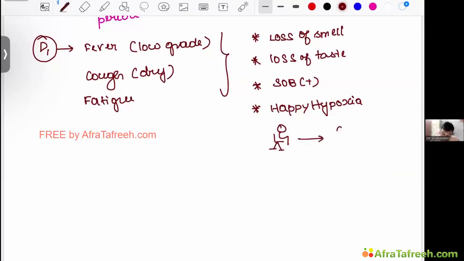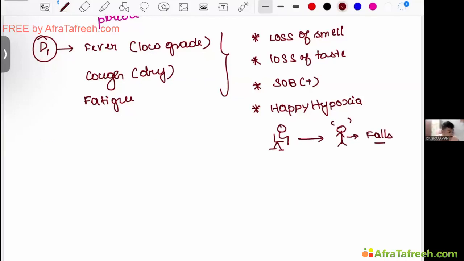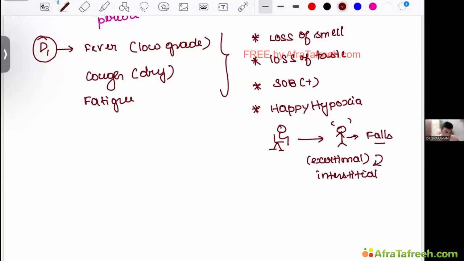When he starts walking to the bathroom, he develops giddiness and falls. Why so? It is because of exertional interstitial involvement. Understood, right?